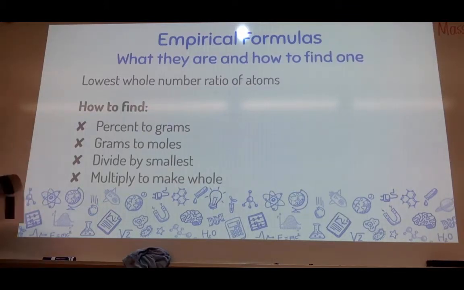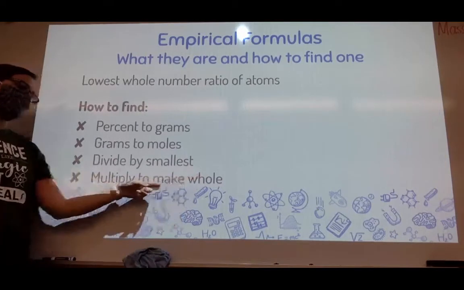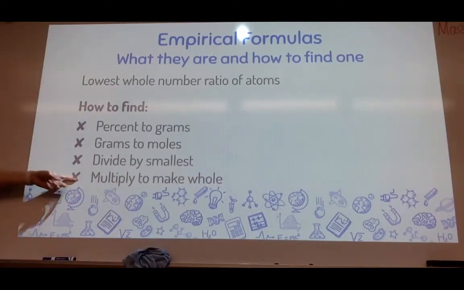You take percent to grams, grams to moles, divide by the smallest, multiply till whole. Now this multiplying, we don't usually have to do. This is if you end up getting numbers like 1.5, 2.5, 2.25, and you can't have those as subscripts.